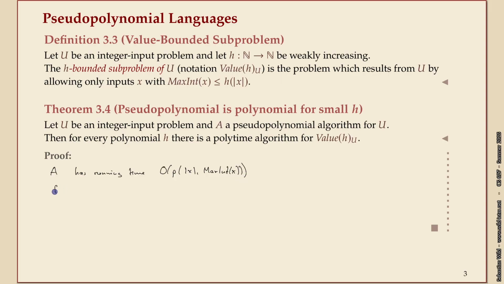So if we're given some input in this restricted value problem, value h of u, then for this instance, max int is at most h of x. Right? And this is a polynomial, so this is order n to the c for some constant c, depending on this polynomial h.